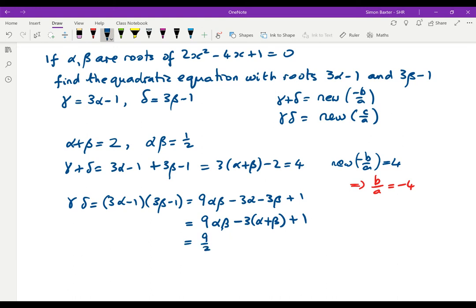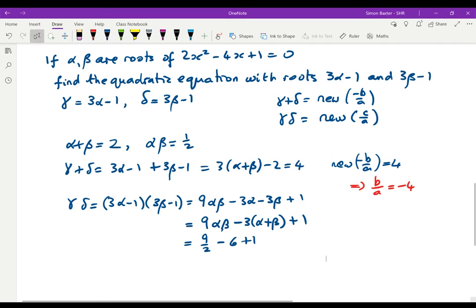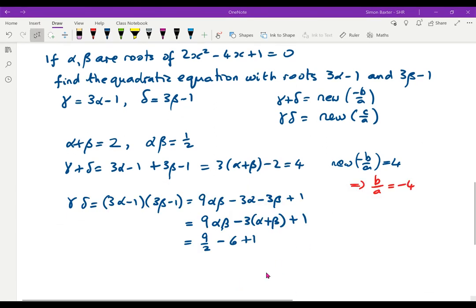I know that alpha plus beta is 2. So I've got 4.5, 5.5 minus 6 is minus a half. This tells me that my new c over a is equal to minus a half. Or just writing it so that it actually is obvious, I can pick it out easily later on.